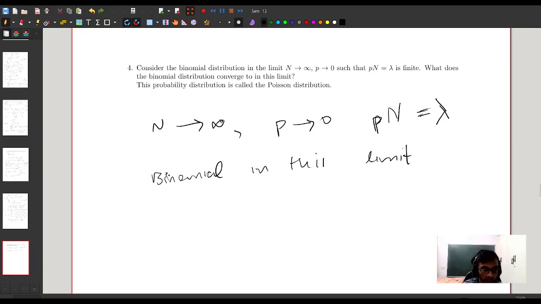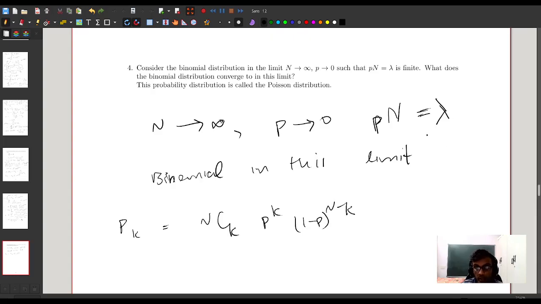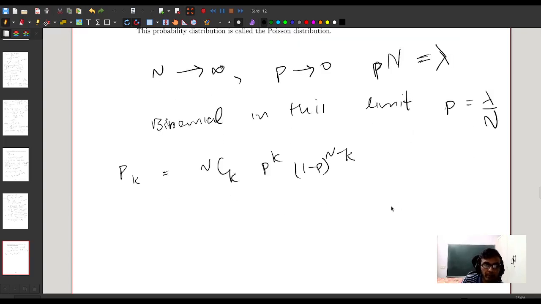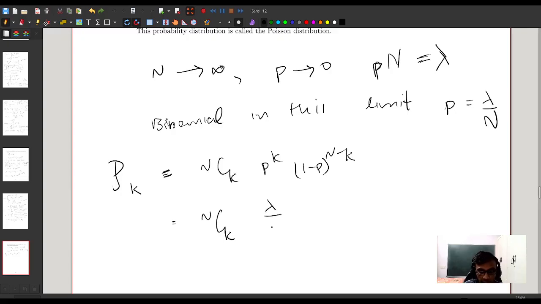So we can just directly look at the probability mass function. So p is going to be lambda by n. Sorry if the big P and the little p are looking the same. So this is the probability mass function.